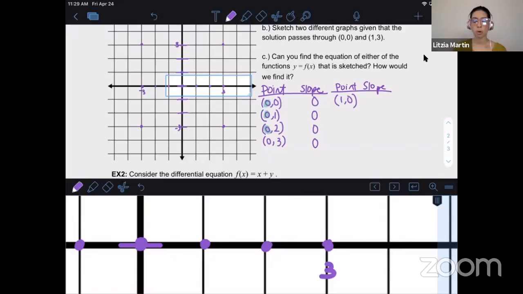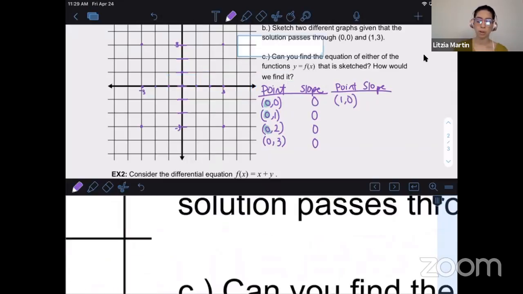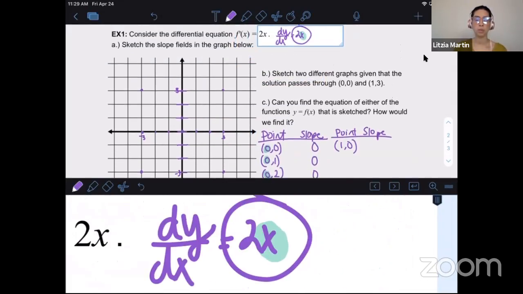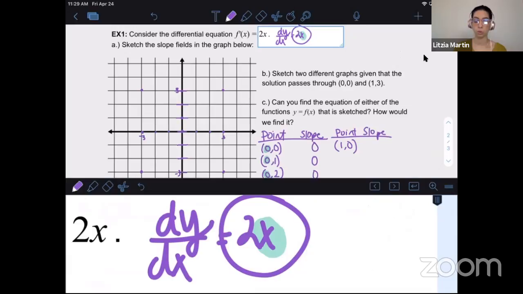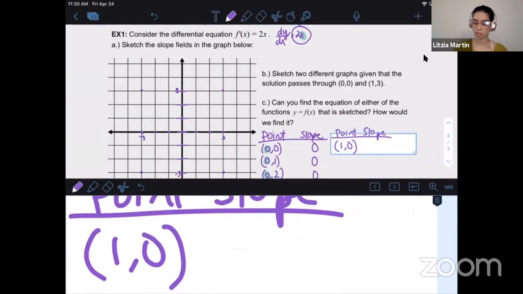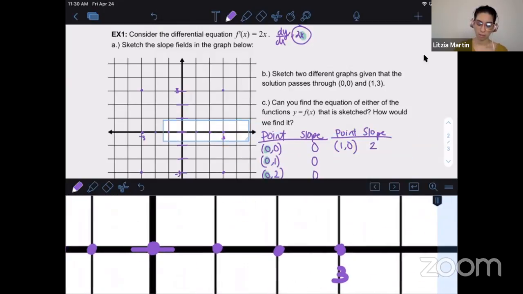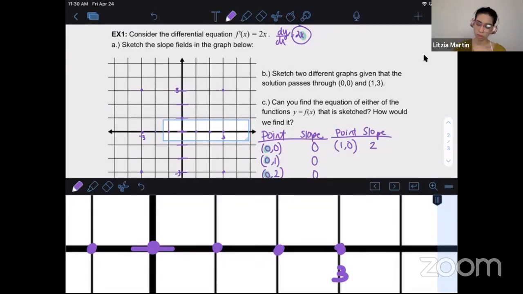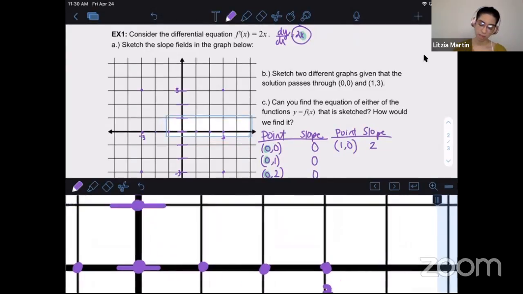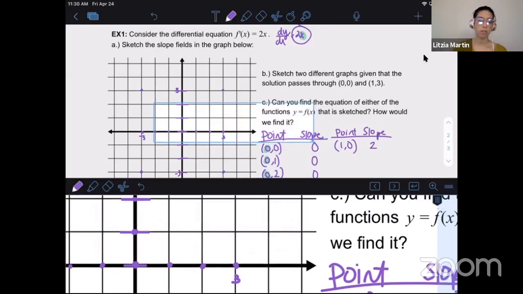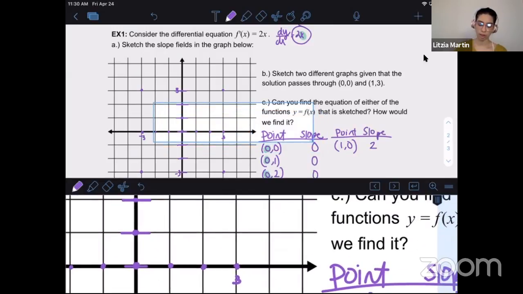Well, now the x coordinate is 1. So when I plug that into my derivative here, 2 times 1 is 2. So now this point has a slope of 2. When I come over here, you can eyeball it in this case. Sometimes what I do is visualize: a slope of 2 would mean up 2 over 1.